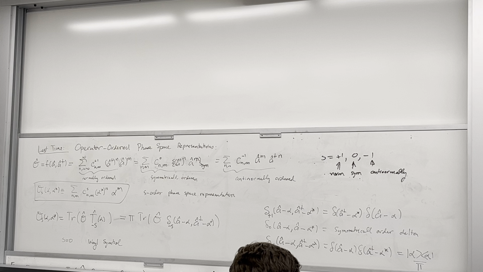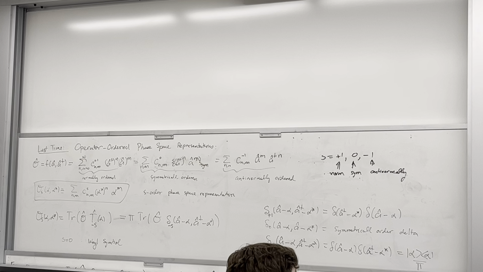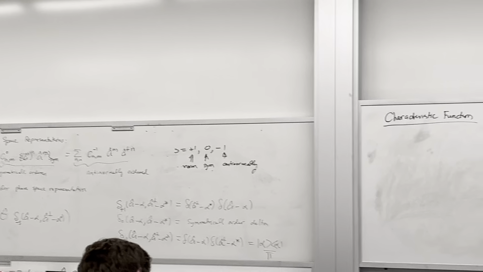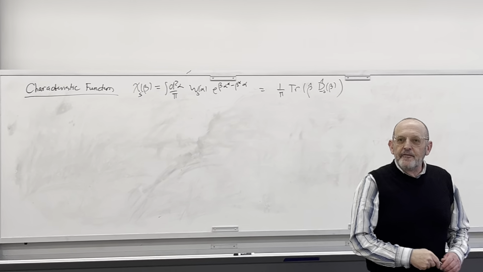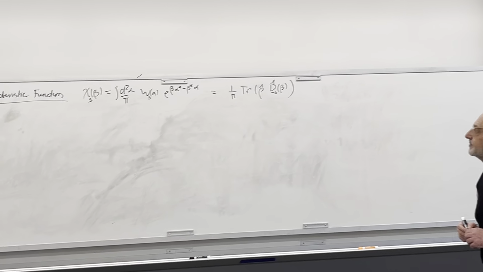Generally speaking, I'll define the S-ordered one, now I have to trace with minus S. So that's the S-ordered characteristic function, which is the Fourier transform of the S-ordered quasi-probability. And that could be the Fourier transform of the P function, the Wigner function, or the Husimi distribution.